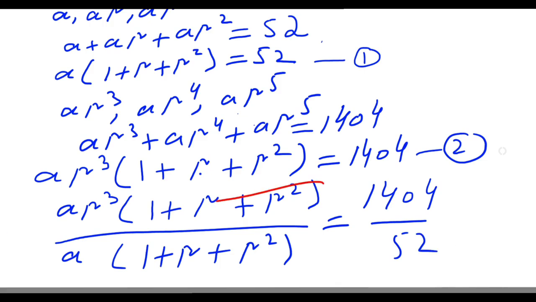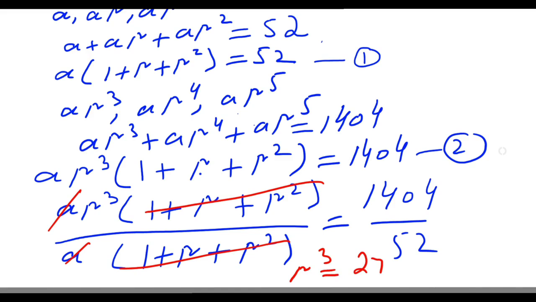So now this cancels out, and also a cancels out. We're left with r^3, and we use the calculator. This side is gonna be r^3, and 1404 divided by 52 is 27.